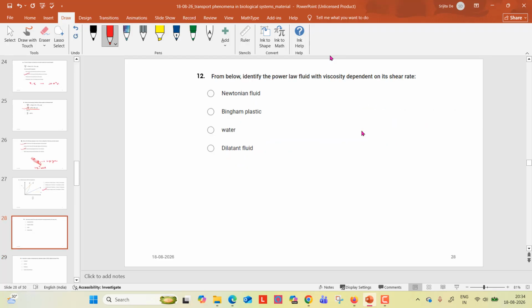Next. From below, identify the power law fluid with viscosity dependent on its shear rate.